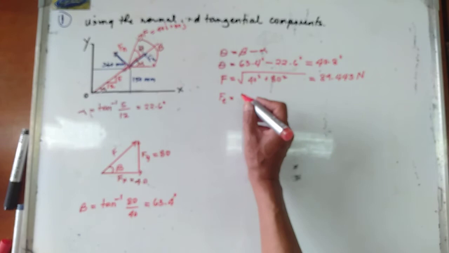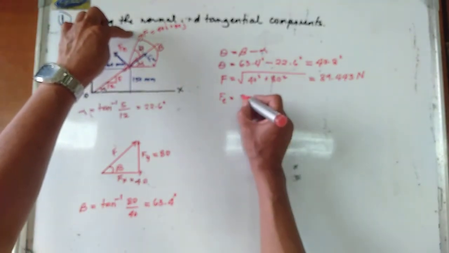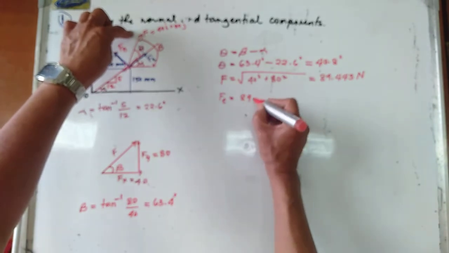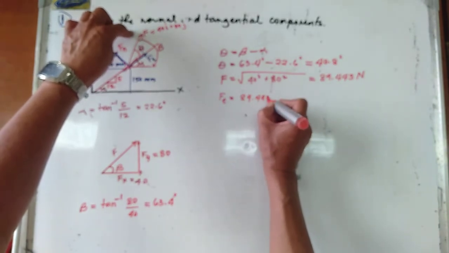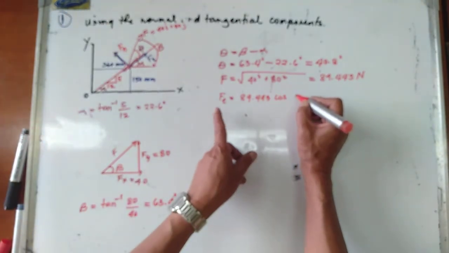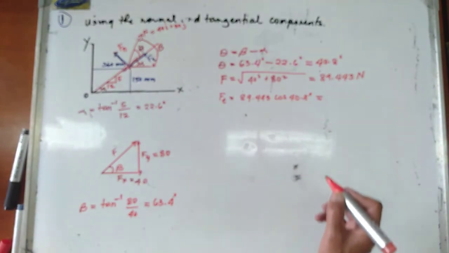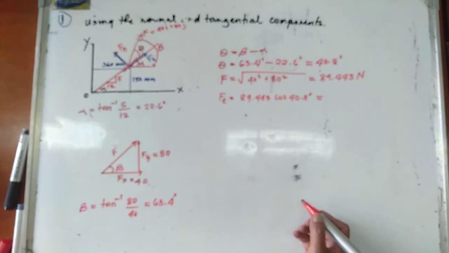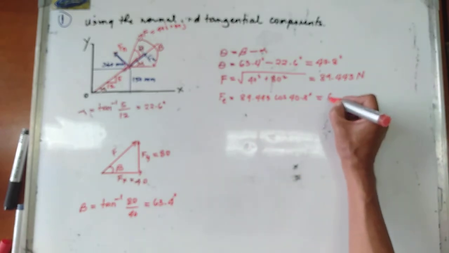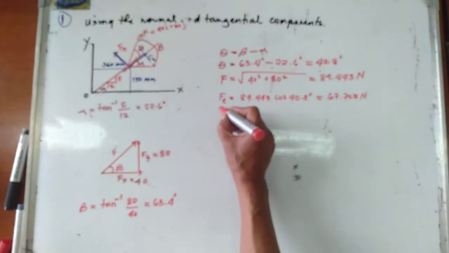The tangential component is now equal to F, which is 89.443 newtons, cosine of theta, and theta is 40.8 degrees. So this is equal to 67.708 newtons.